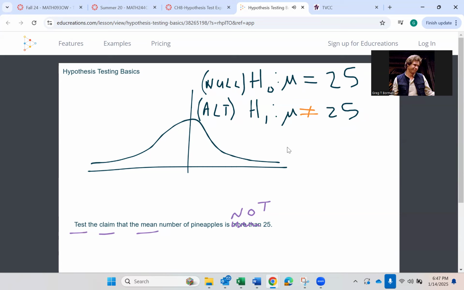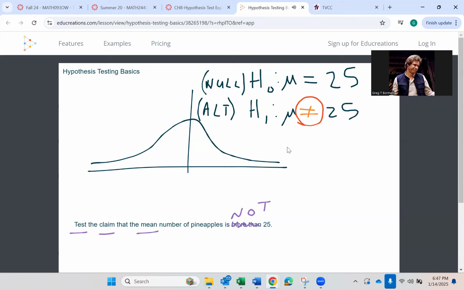Secondly, you have to have the right symbol in the alternative hypothesis, because that tells you about the tails in the drawing that represents your situation. Here's what I mean.